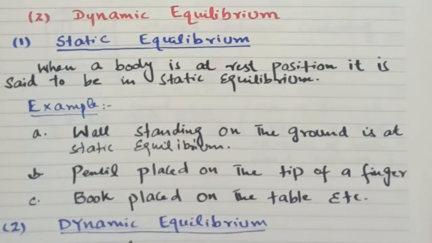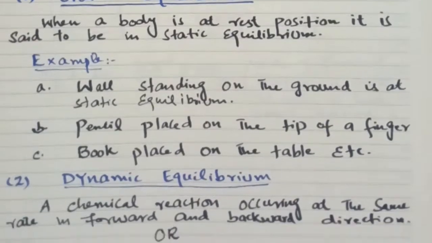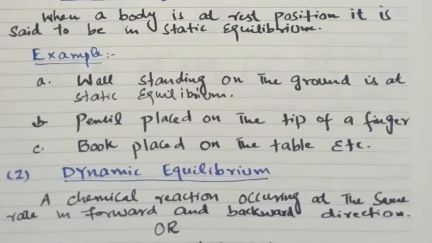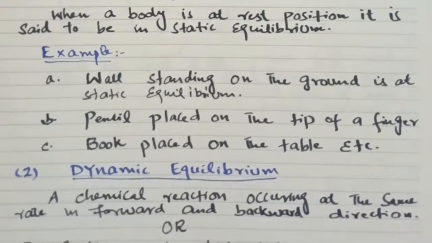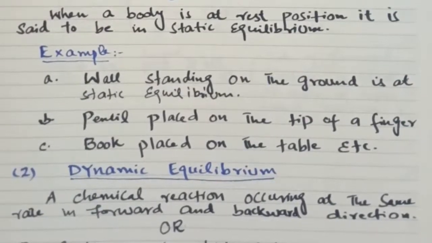If you put a pencil on the tip of your finger and it is placed in such a way that it doesn't move at all in one direction or the other, it will be said to be in static equilibrium. If we place a book on a table, until you apply any type of force on this book, it will remain stable, static at its own position.